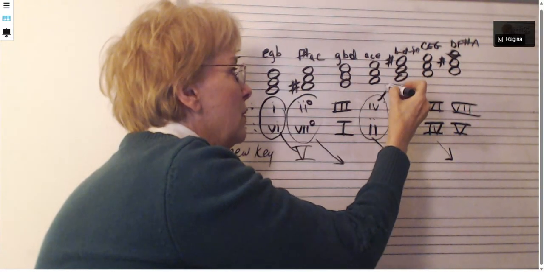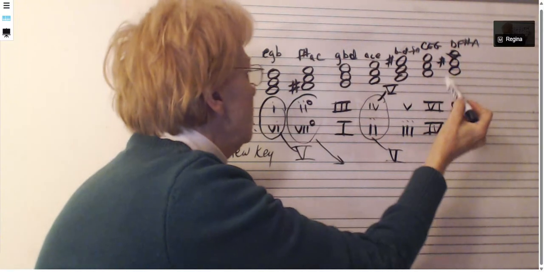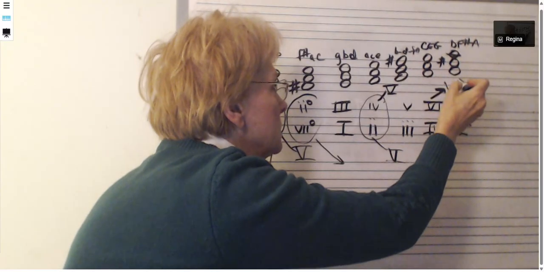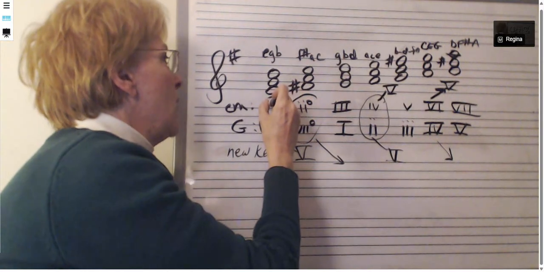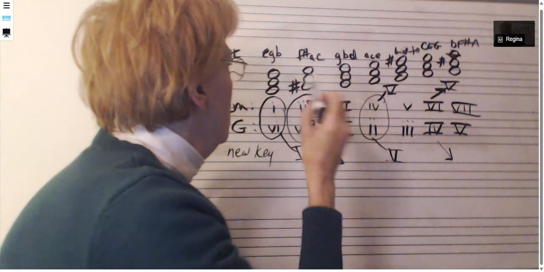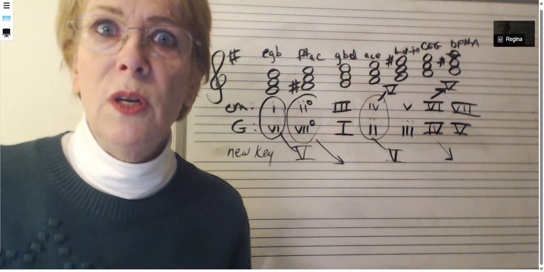one. It would go to your 5, 4 goes to a 5, 6 goes to a 5, 1 could go to a 5, 2 diminished can go too. So those are things if you're doing a modulation.